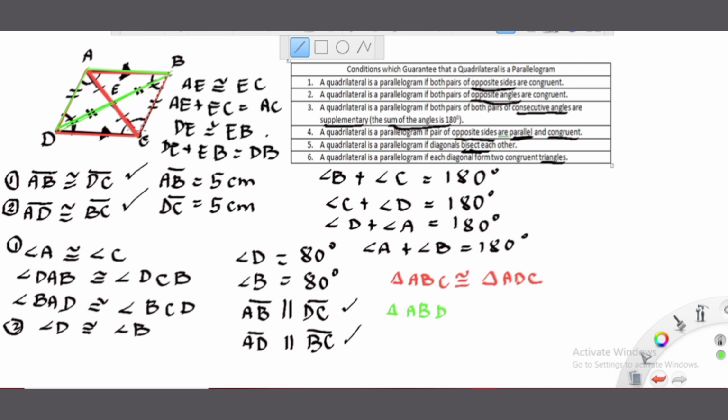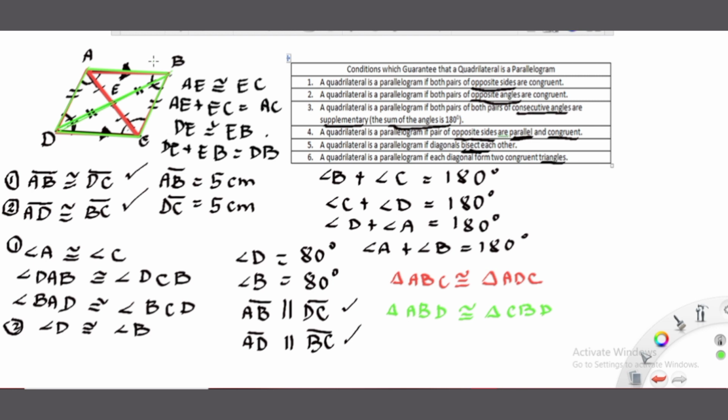This is the second side of the triangle. And this is the third side of the triangle. So we have the other triangle, which is triangle CBD. And since this is a parallelogram, we can say that triangle ABD is congruent to triangle CBD.